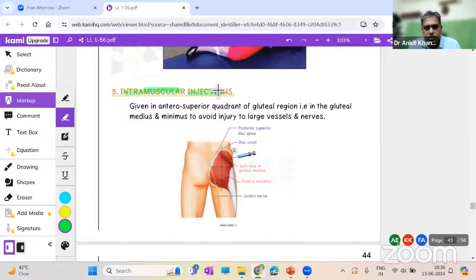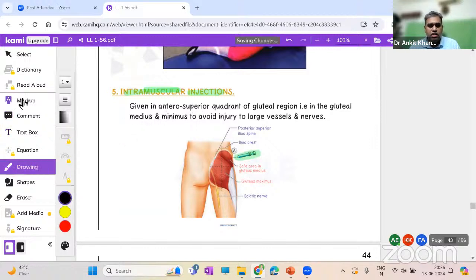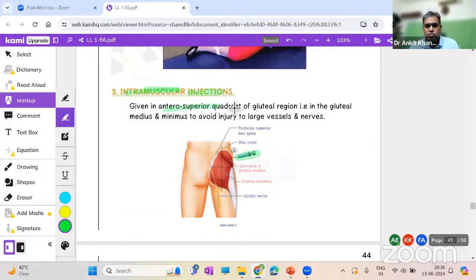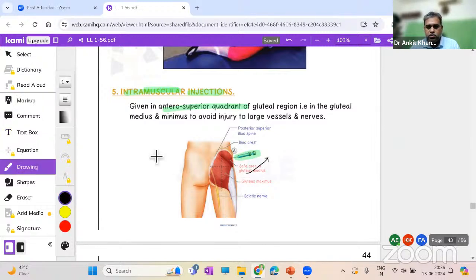So when the IM injection is given in the gluteal region, in this image, this is the injection over here, right? It is given in which quadrant? It is given in the superior lateral quadrant, or you can say anterior superior quadrant. Superior lateral over here is moving anteriorly. So you can say superior lateral quadrant.